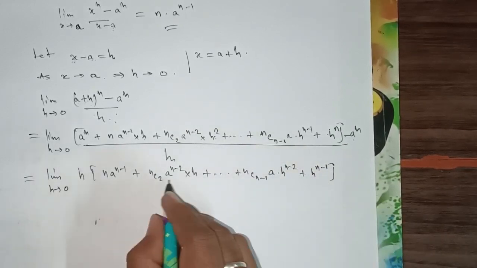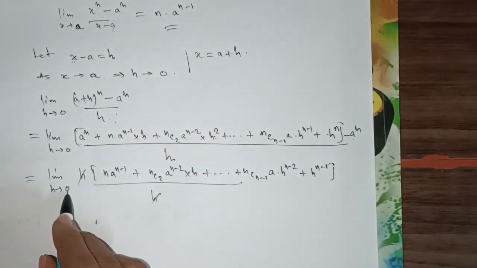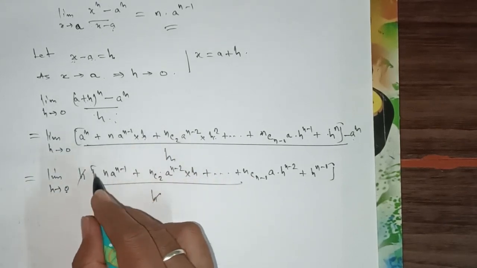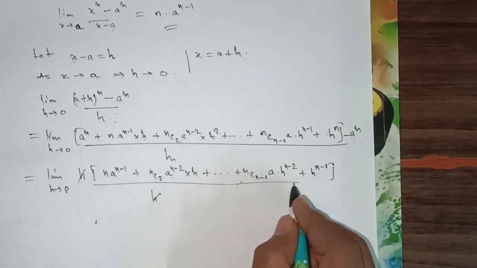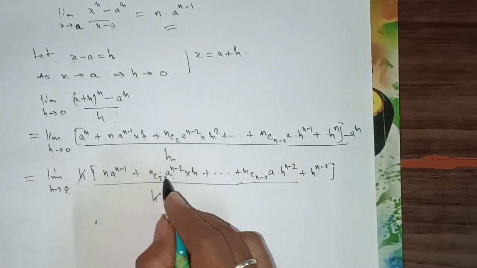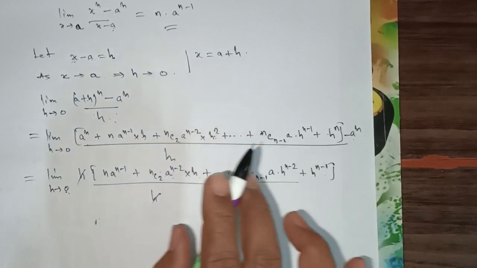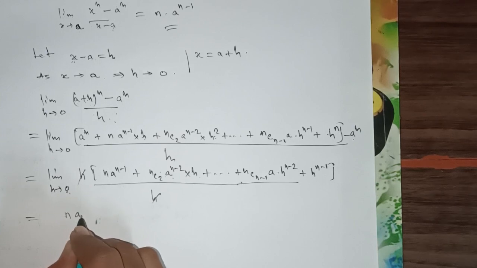Now the denominator is h, and h cancels. Now if we substitute the value of h, except this term, the rest of the terms become 0. If we substitute the value 0, we'll get 0 into this, 0 into this, so we get 0 only. We'll get here n into a to the power n minus 1.